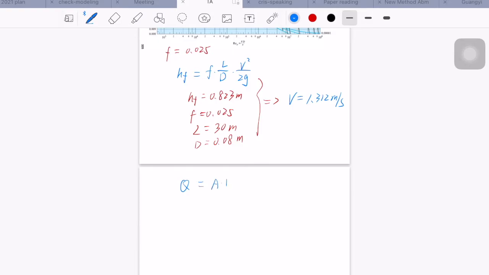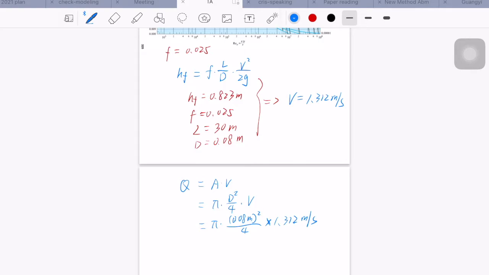And we know the Q should be equal to the A times V. So it is pi times D squared over 4 times V. So it should be equal to pi times 0.08 meters squared over 4 times 1.312 meters per second.